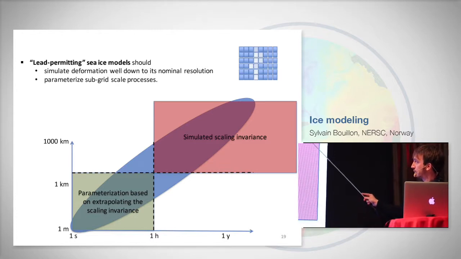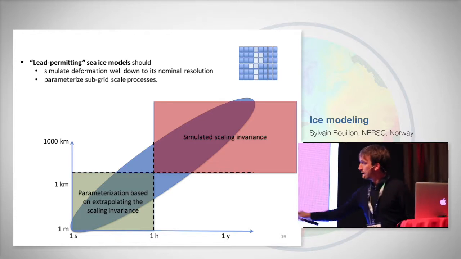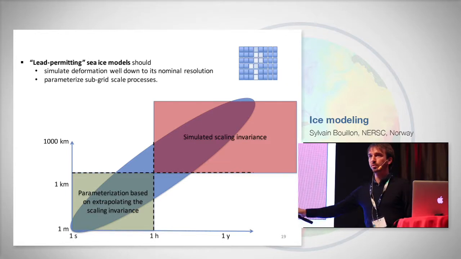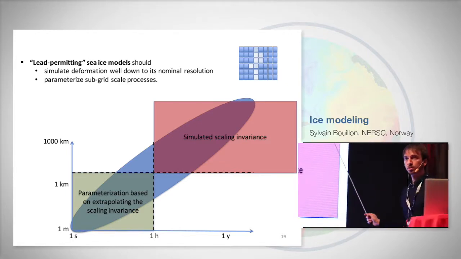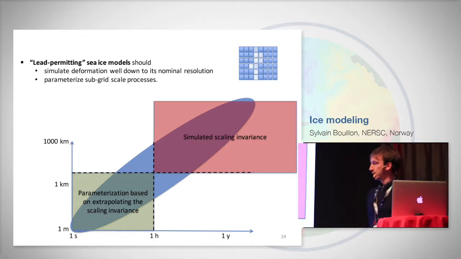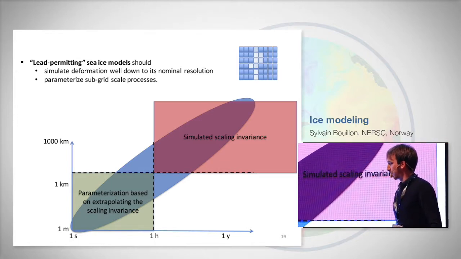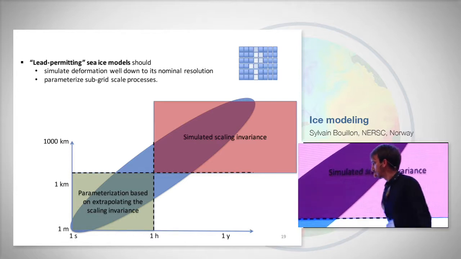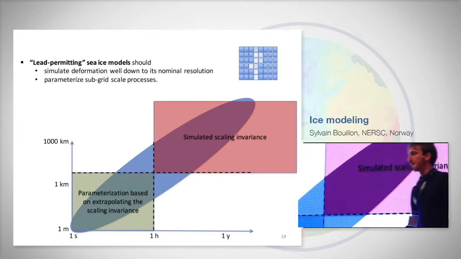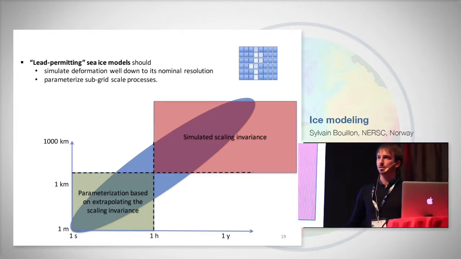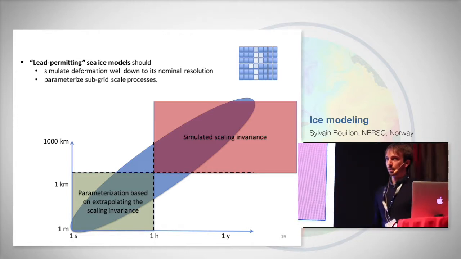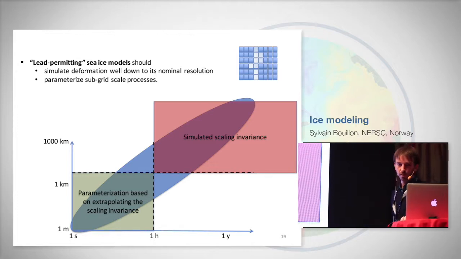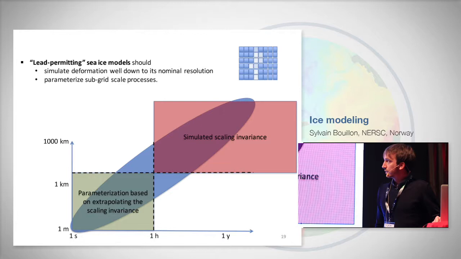It also means that we can check if we reproduce well the deformation from the resolution of the model to much larger scales. Of course, for everything that is subgrid, we will still need parametrization, but at least we want to have everything right for the scales that are larger than the resolution. So that was a big challenge.